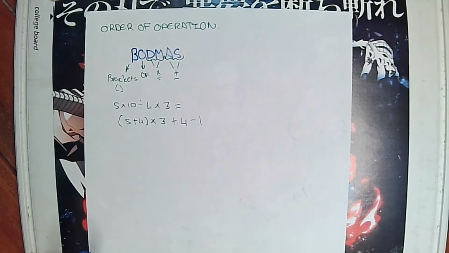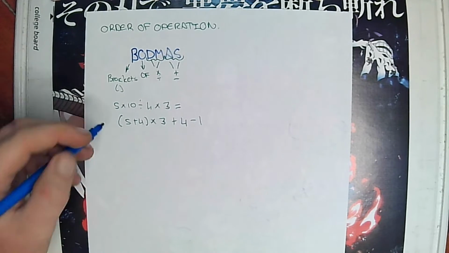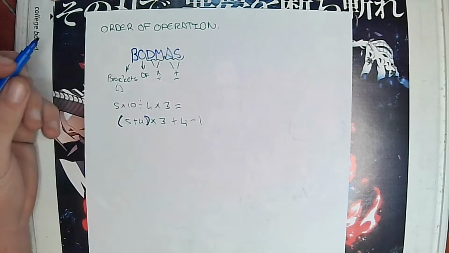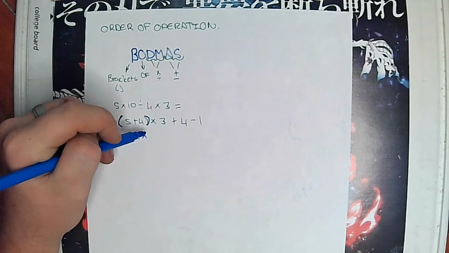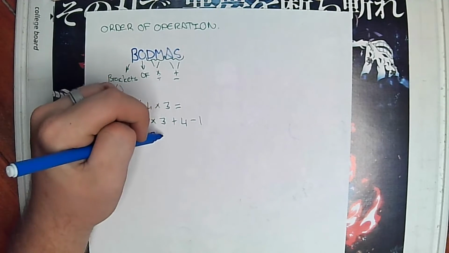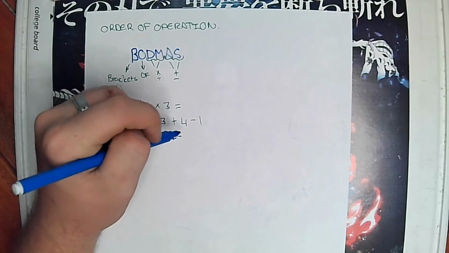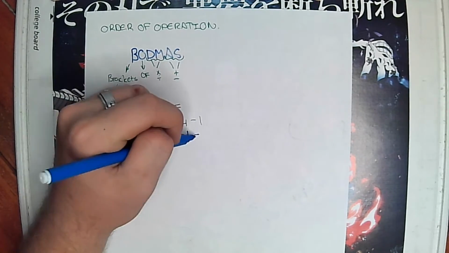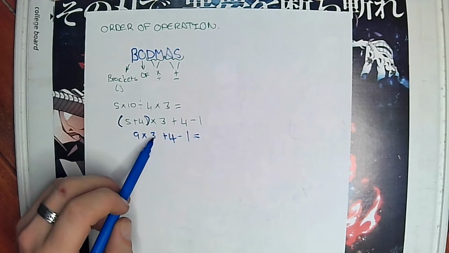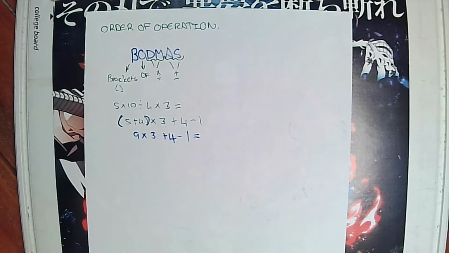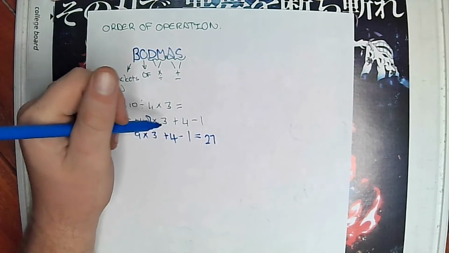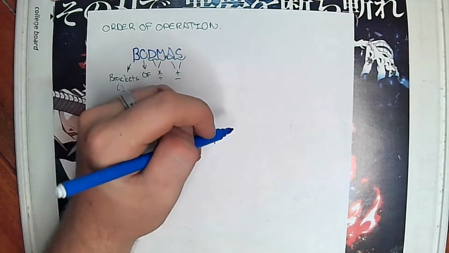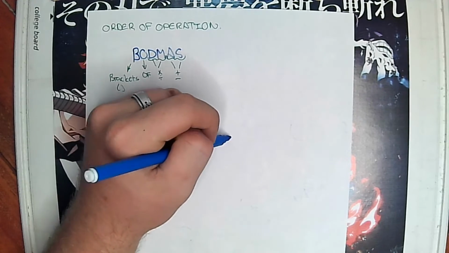Applying BODMAS to this order of operation, here are my brackets, so that's what I do first. 5 plus 4, that's 9 times 3 plus 4 minus 1, right? So now I can say, well, 9 times 3 is equal to 27. 4 minus 1 is equal to 3. So this would be 27 plus 3, which is equal to 30.